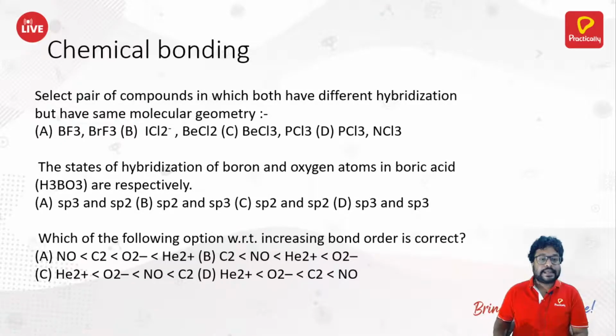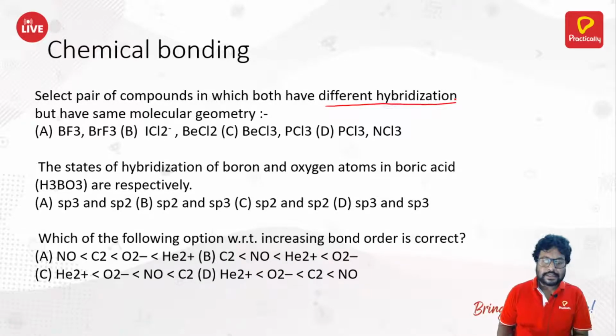Next, select the pair of compounds in which both have different hybridization but have the same molecular geometry. That means hybridization is different but geometry is the same. So BF3 hybridization is what? It's sp3. Sorry, my bad, it's sp2, right?